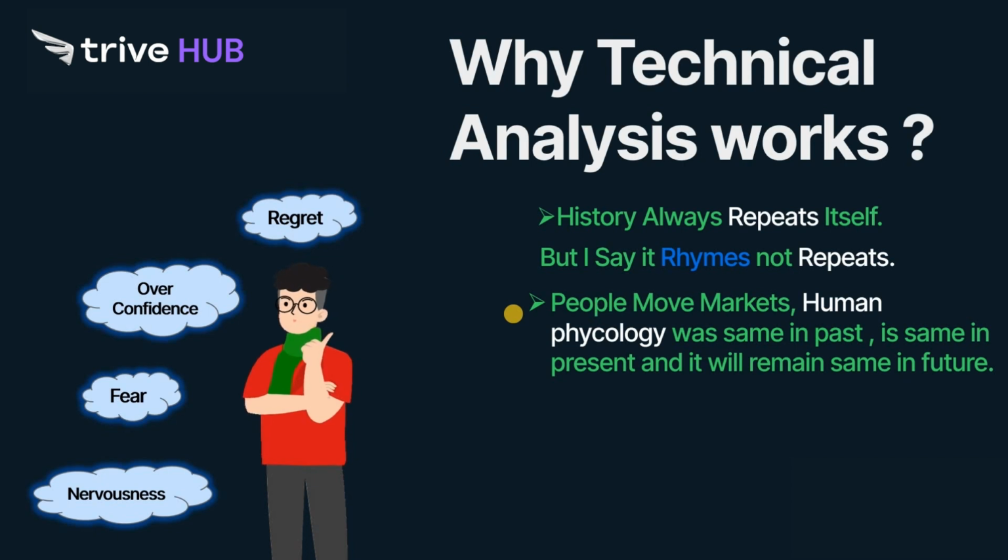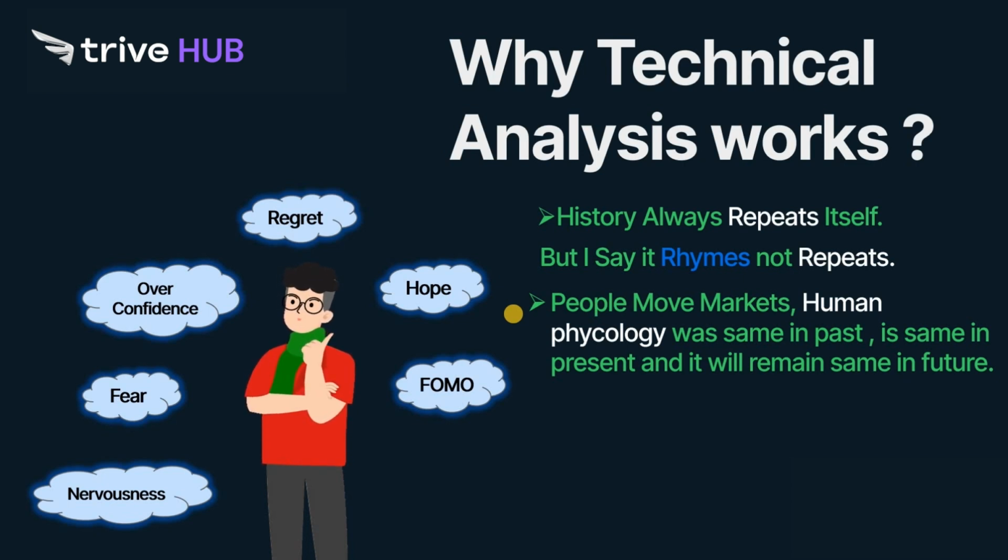Regret of holding a losing trade and not booking the loss at the stop loss level. Hope that a losing trade should come into profit. Fear of missing out. If you are influenced by other traders and you are acting based on someone's opinion, it could trigger a fear of missing out and you can enter into a wrong trade.